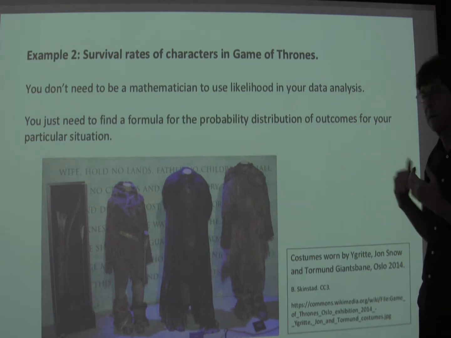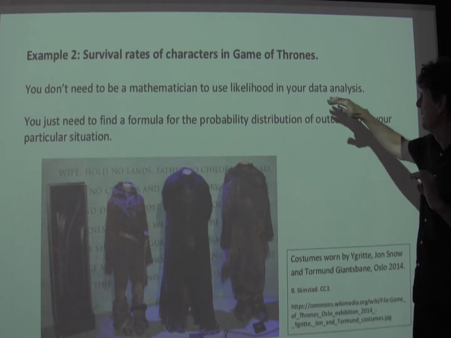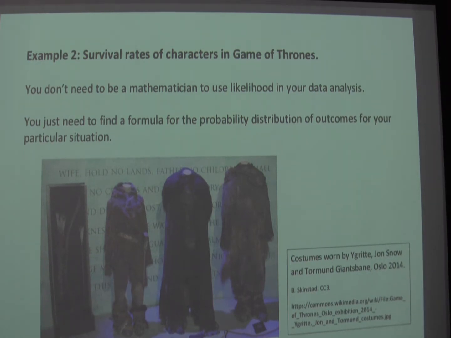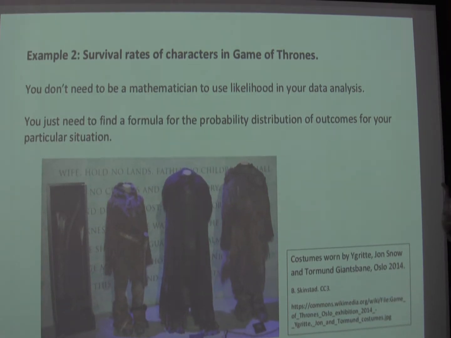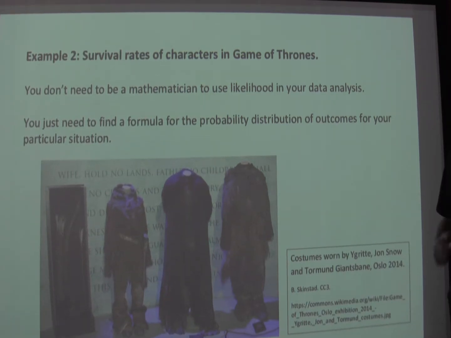And here's an example. The second thing that I want to illustrate with this is that you don't actually need to be a mathematician to use likelihood in your own data analysis. All you need is a formula for the probability distribution of the outcomes for a particular situation.